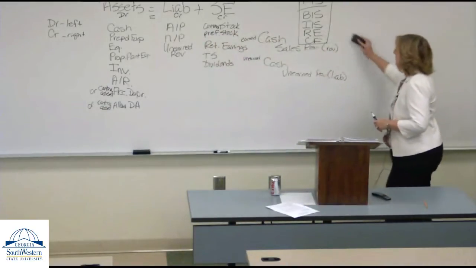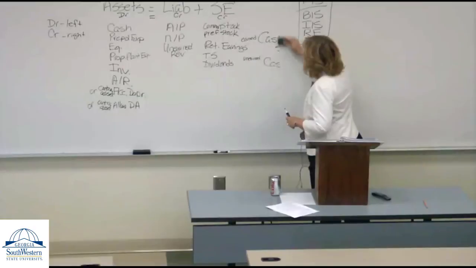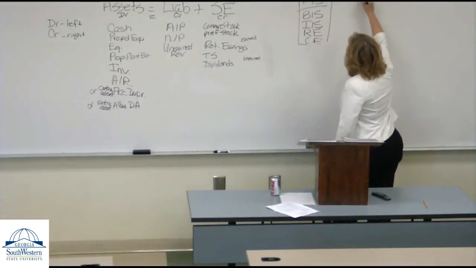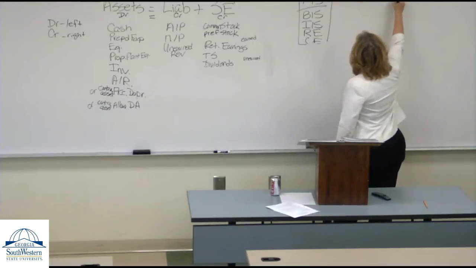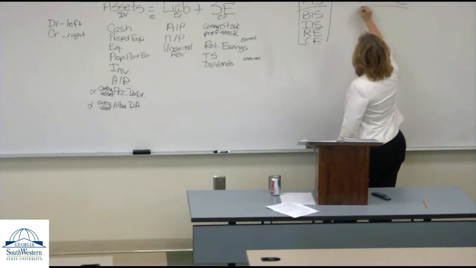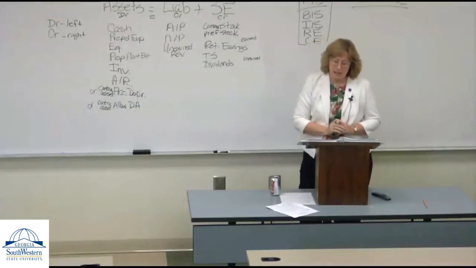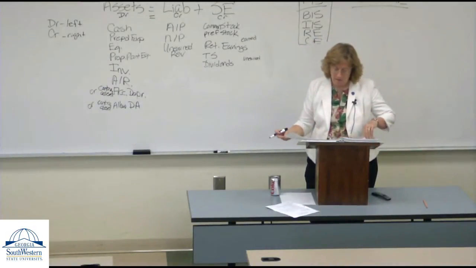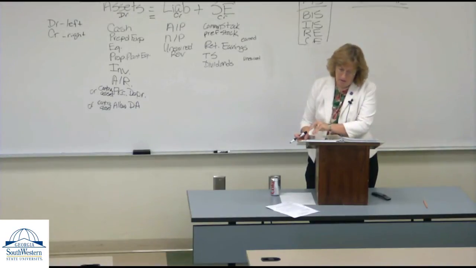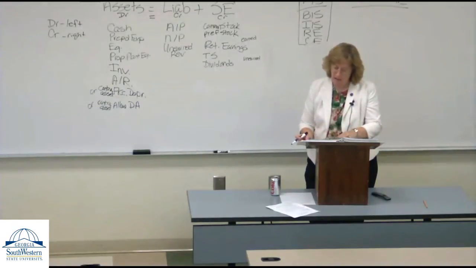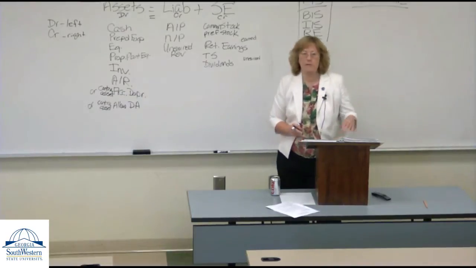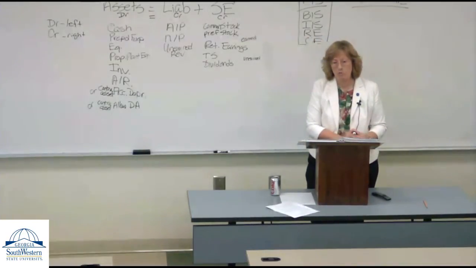Before we leave that, I want to think about what goes on the statement of retained earnings. The statement of retained earnings is on page 109, so you can look at how it is set up when you get a chance.